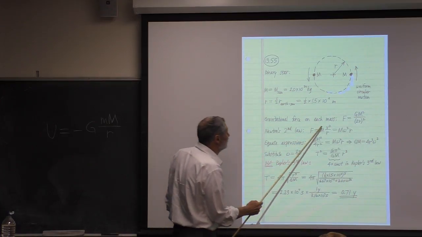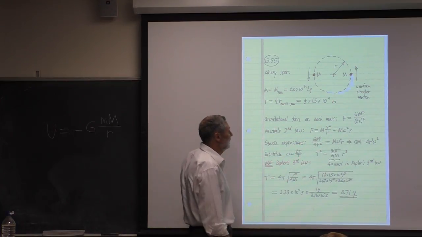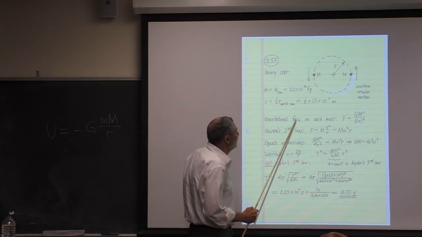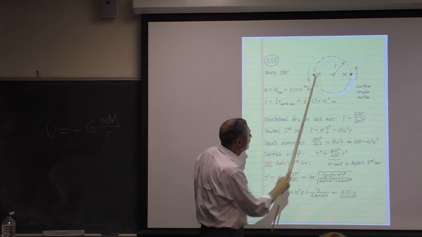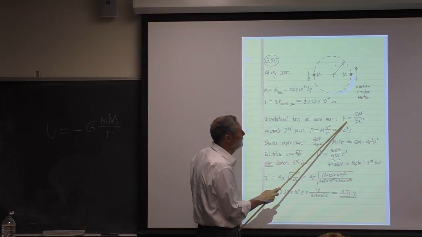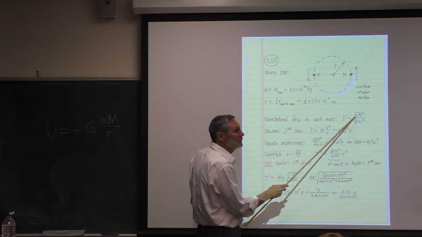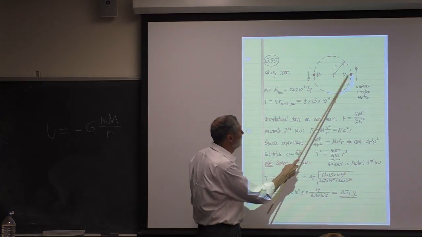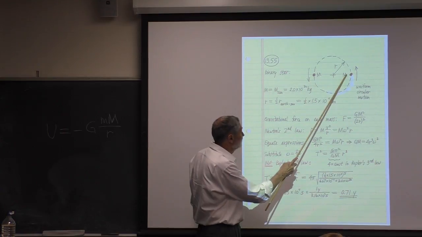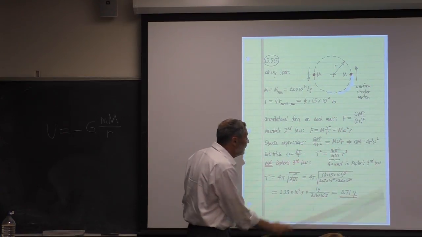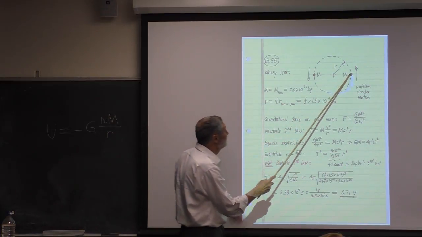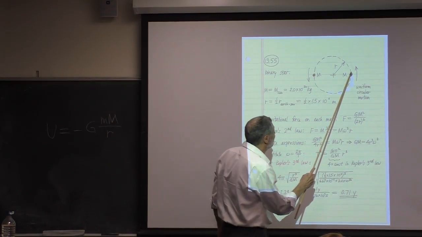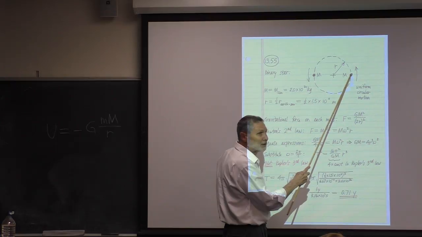What's the force? This is Newton's second law. There's an equal and opposite force here, of course, and it's given by the universal constant of gravitation times the product of the masses, which is m squared, divided by the square of the distance. So it's 2r squared. And Newton's second law tells us, if you focus your attention on either one of these masses, F equals ma.